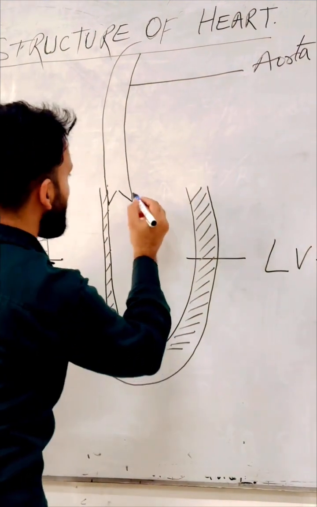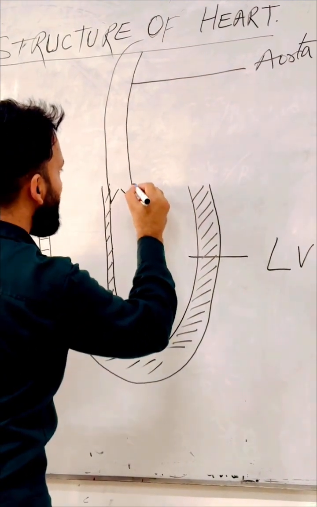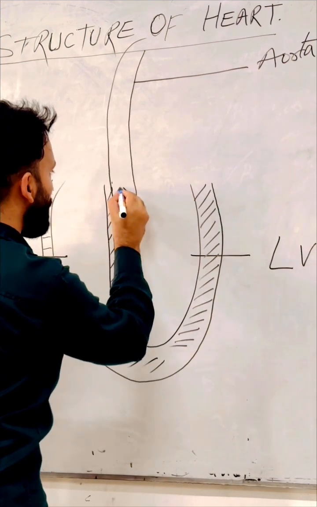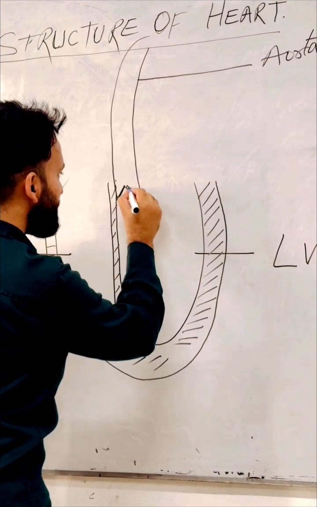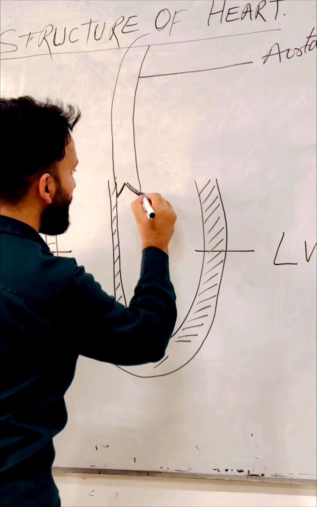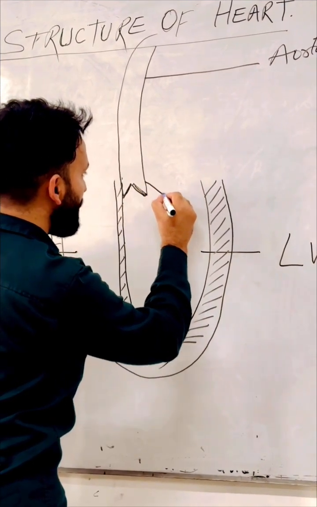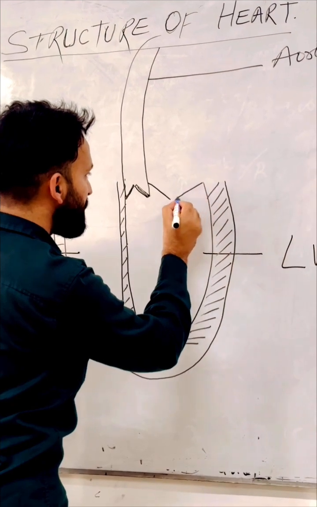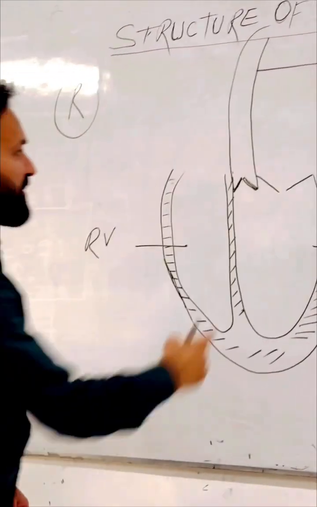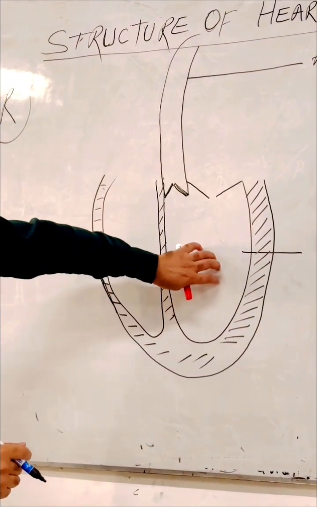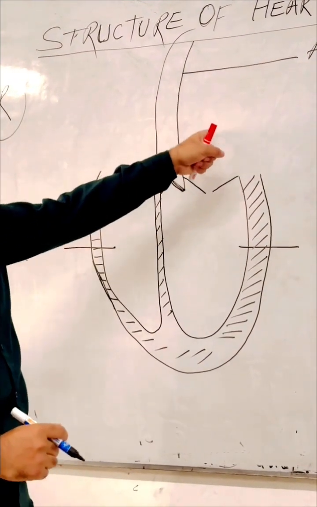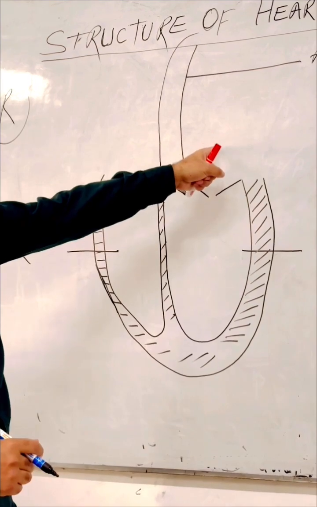Now, in this left ventricle, we have one more valve, right? The earlier valve was pointing upwards. This valve here is pointing downwards, just like this, right? This valve prevents the backflow of the blood from the left ventricle back into the chamber here, which is the left atrium.